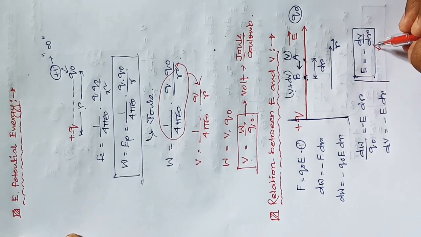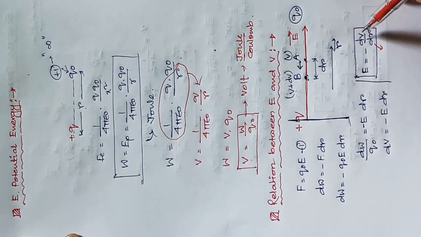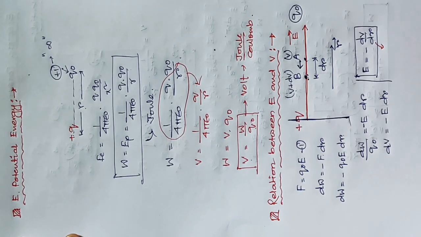The gradient term you also heard in class 11th in the chapter viscosity, where we had the velocity gradient. So here we get the potential gradient, meaning how the potential is changing with the space, the distance, that will be given by the electric field. So minus dV by dr will represent the electric field.